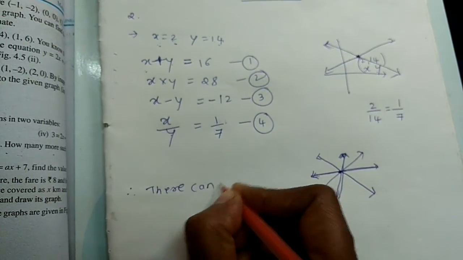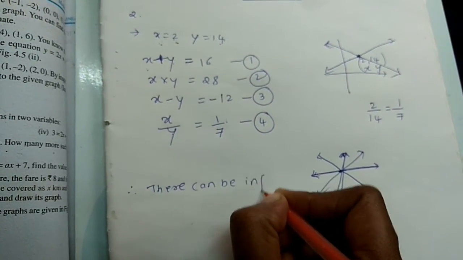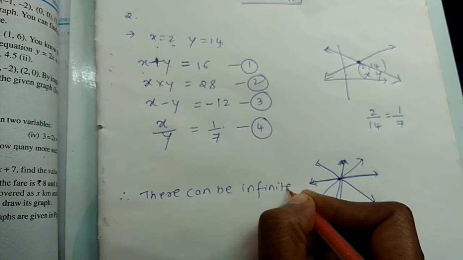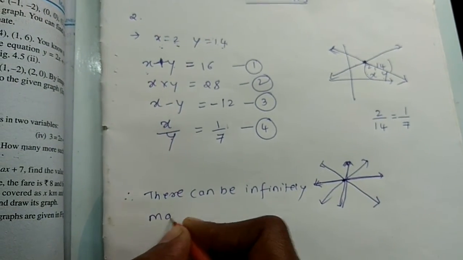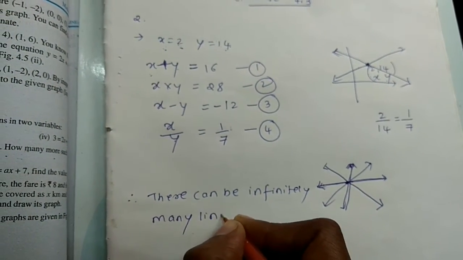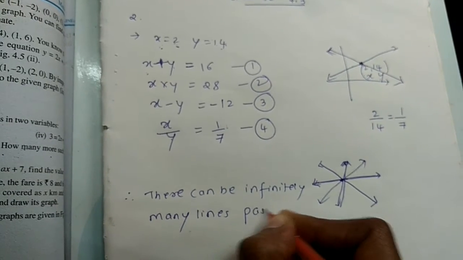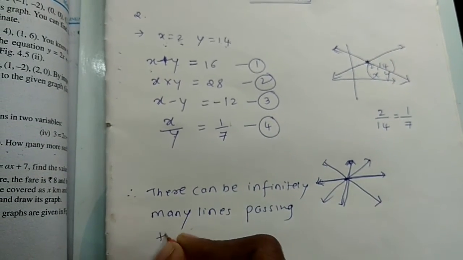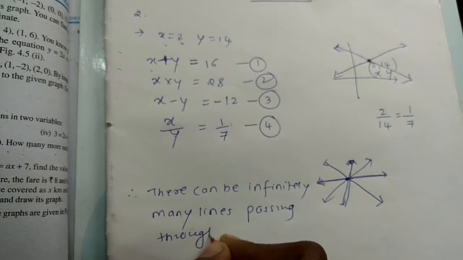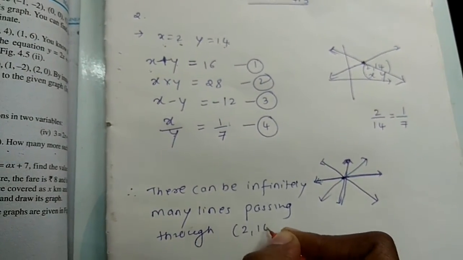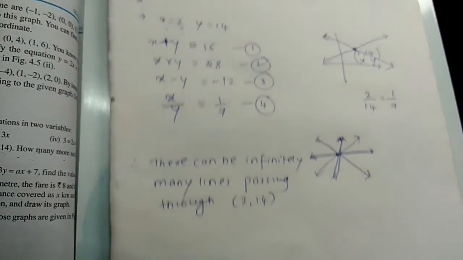There can be infinitely many lines passing through the point (2, 14). They again ask why?